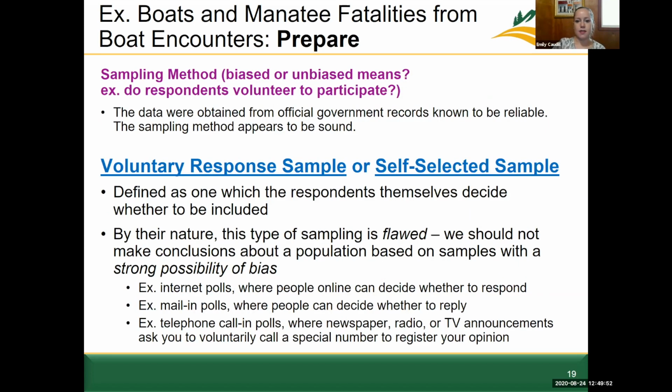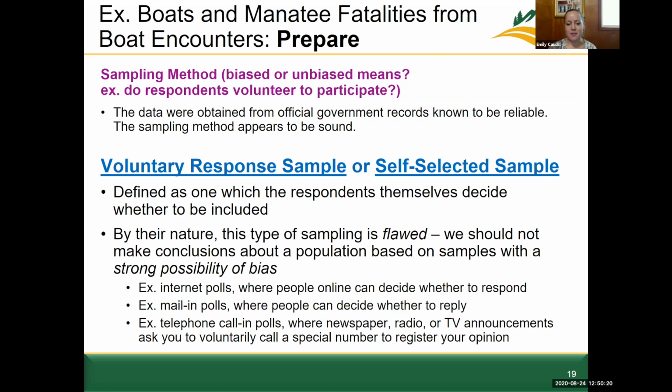Okay, so the top part of this slide and part here are from a previous slide. Below that, I'm providing additional examples of what could be bias. So for example, internet polls where people online can decide whether to respond. Again, that's not going to be a completely unbiased set of data if it's coming from an internet poll where I decide whether I want to reply or not.